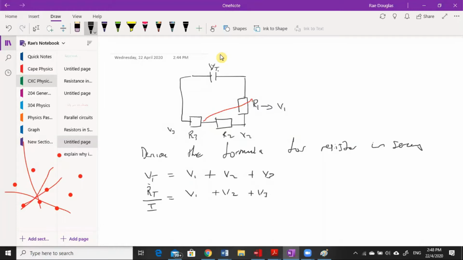Now we can go ahead and replace. Just write VT. Sir, instead of writing V1, V2, V3, you could just say RT upon I equals VT. I'm trying to understand what you're saying.